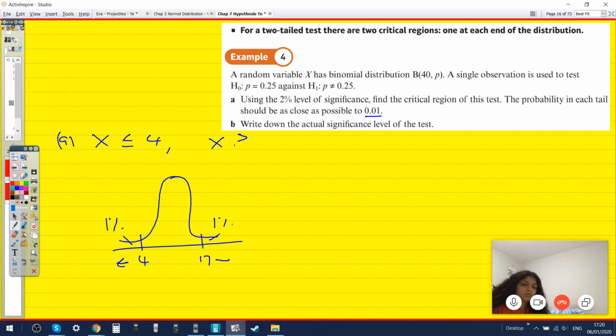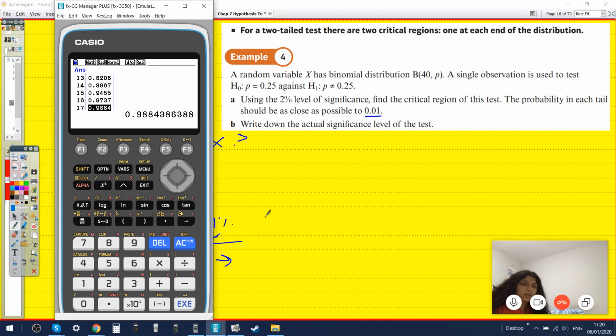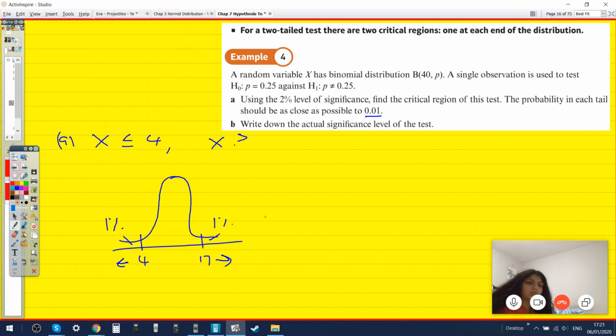This one here would be like 17 or more. But on the calculator it gives you less than. So for the first one, x is less than or equal to 4. Would 6 be included? No. But if x is less than or equal to 17, then 6 is included.